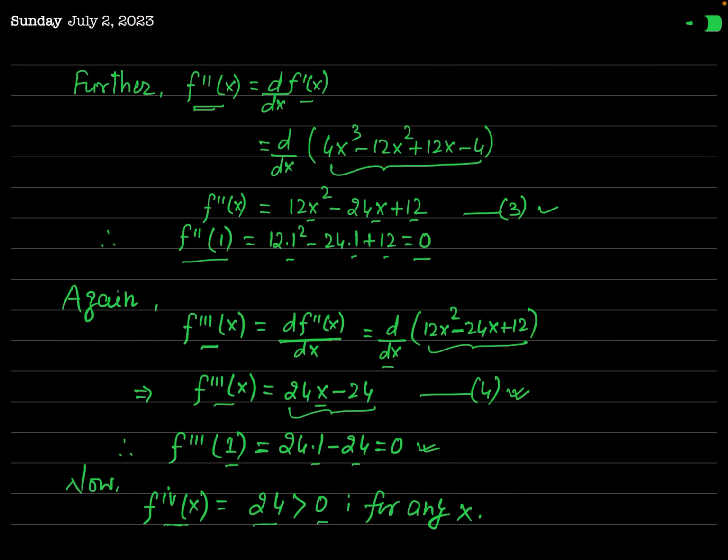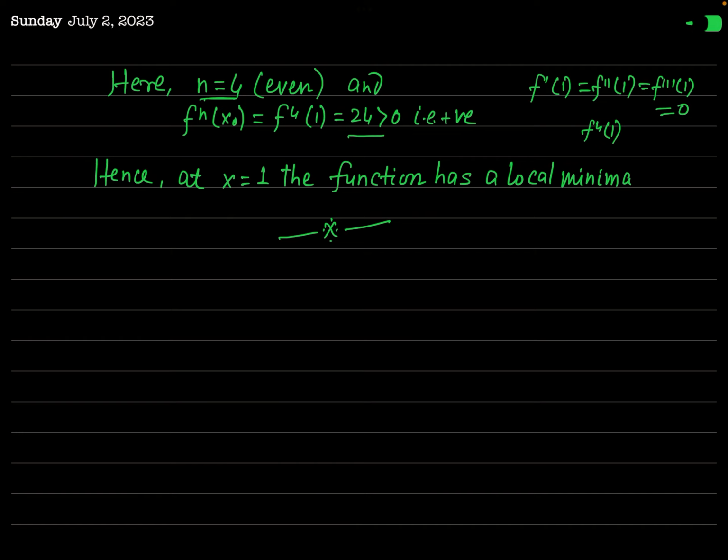So according to this rule, you can easily say that this point x equal to 1 is the point of local minimum of this function. It means at x equal to 1, our function has a minimum value, because n is an even number and the fourth order derivative at this critical point is positive.